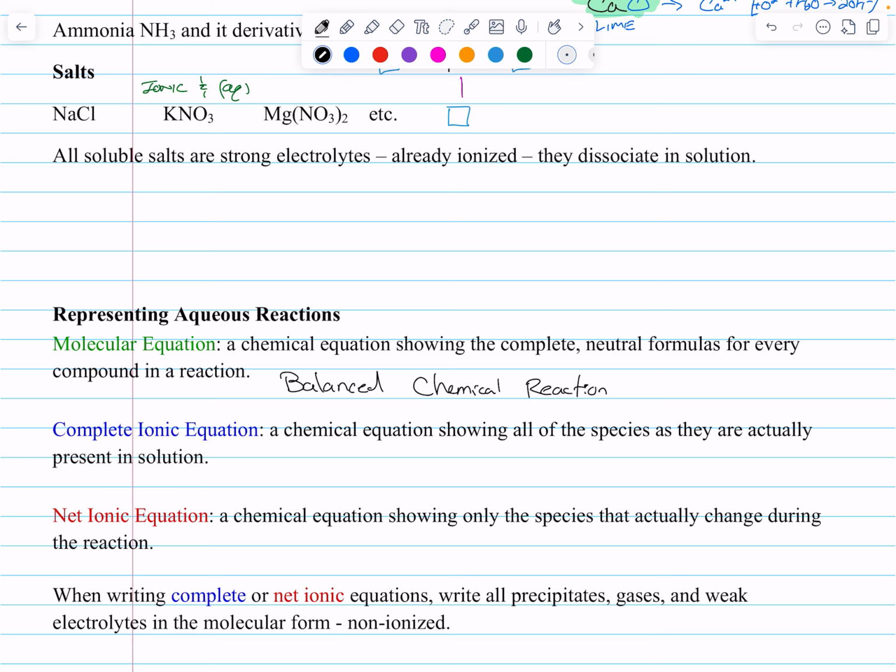So when we write these complete ionic equations and net ionic equations, anything that's not a strong electrolyte, we put together. That's in the non-ionized or molecular form. So if it's a solid, a precipitate, a gas, we also have liquids.